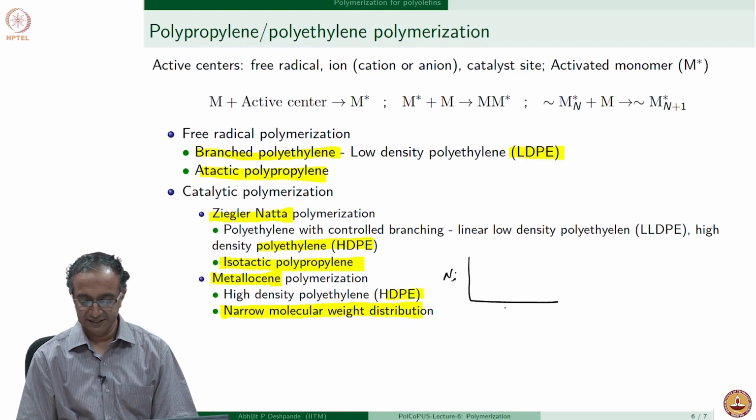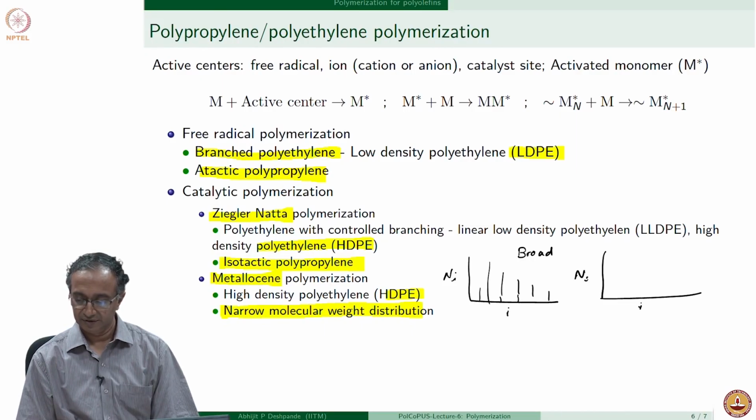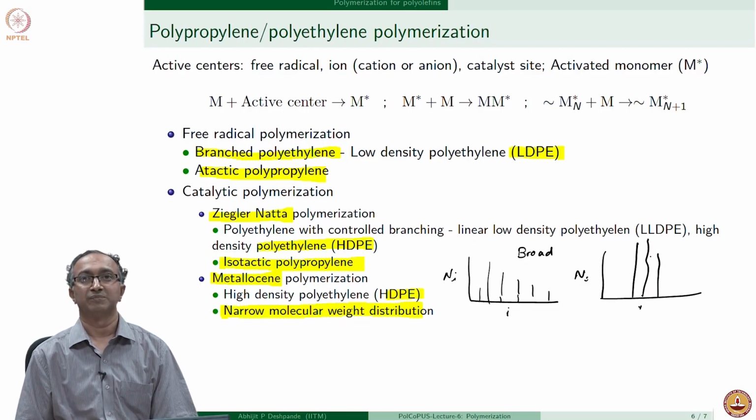If the distribution, as we said, is counted as Ni as a function of i, then what I have given as an example is a broad molecular weight distribution, or molar mass distribution. Alternately, we can also have just this and no other molar masses.